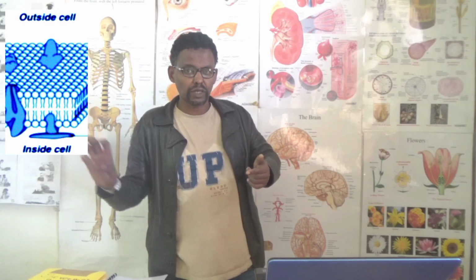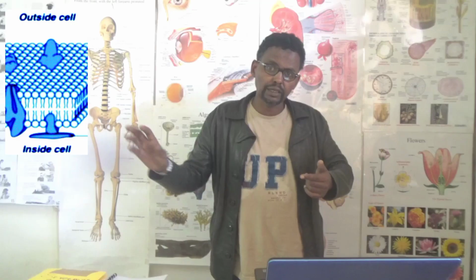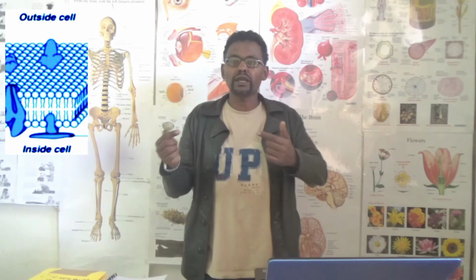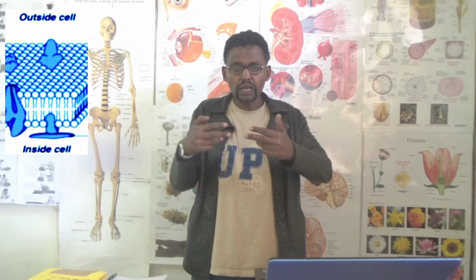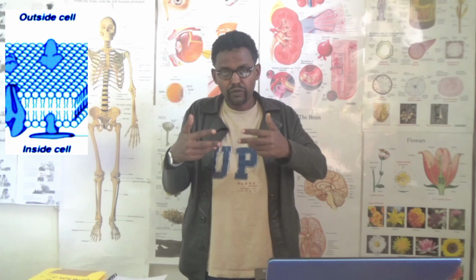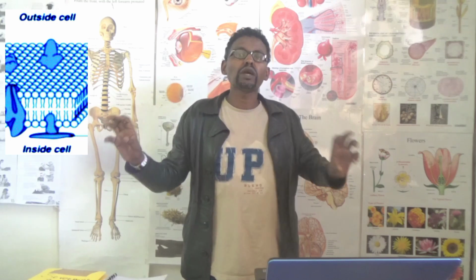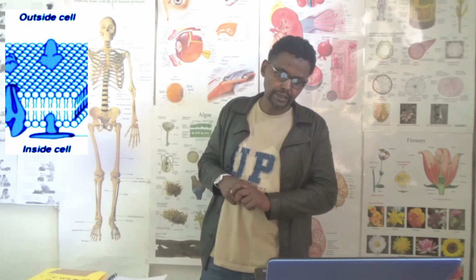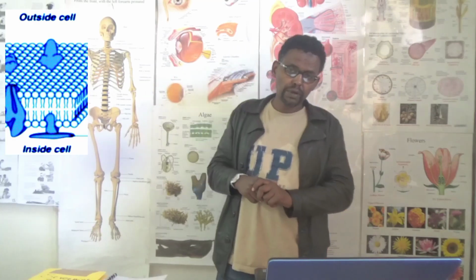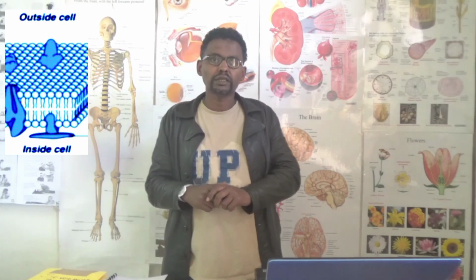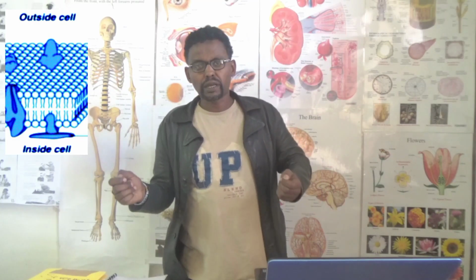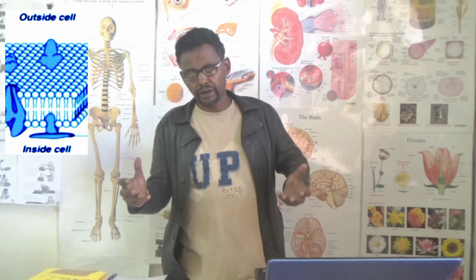The phosphate is looking towards the cytoplasmic content, and again the tails are inward, and in the middle the two tails are kind of proximal, while the two heads are polarized. Cell membrane naturally has got hydrophobic and hydrophilic areas.